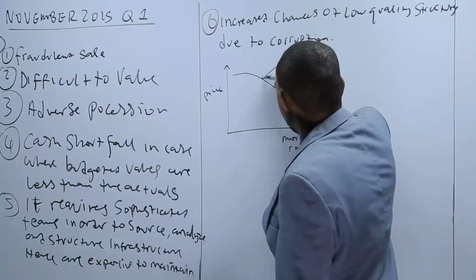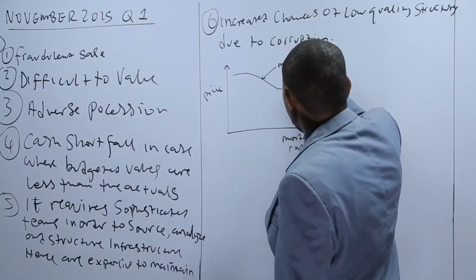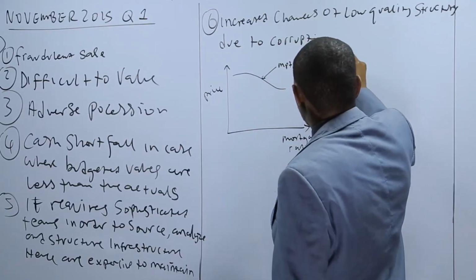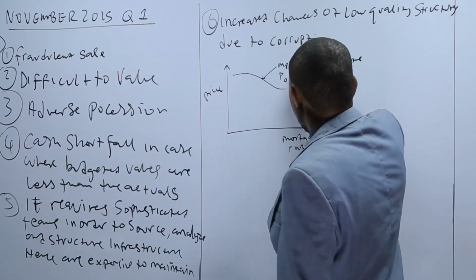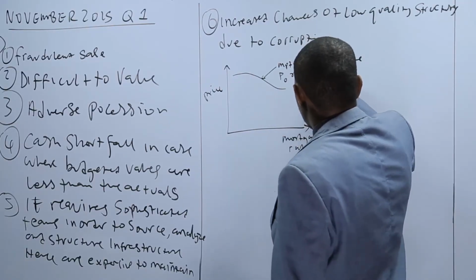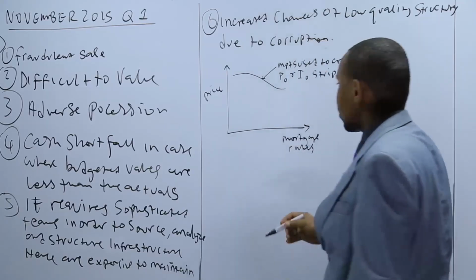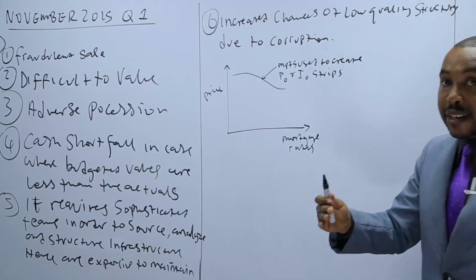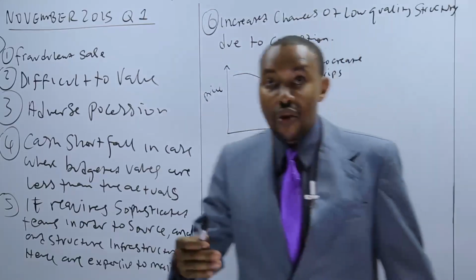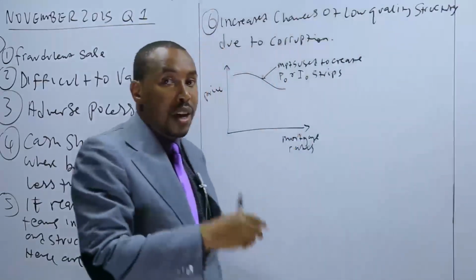So we say that this is the MPTS used to create PO and IO strips. Now the PO refers to the principal only. Investors may be interested in only receiving the principal component at maturity.